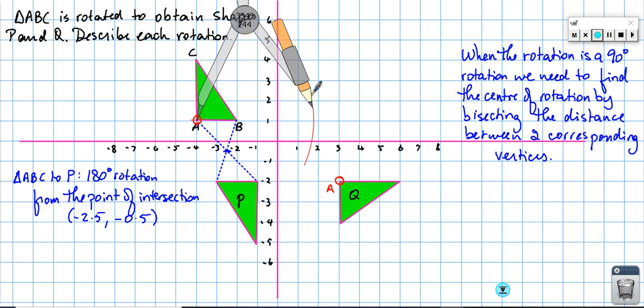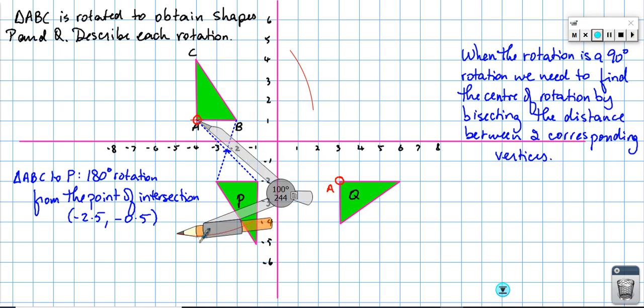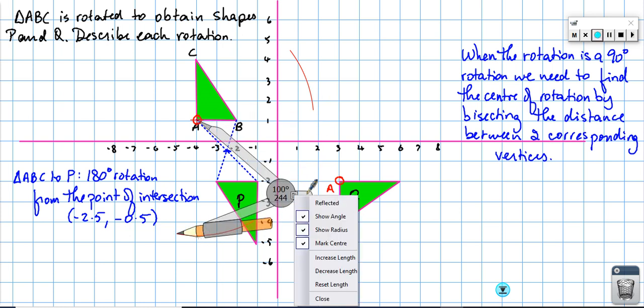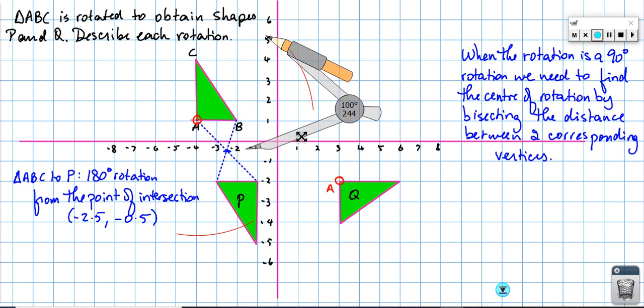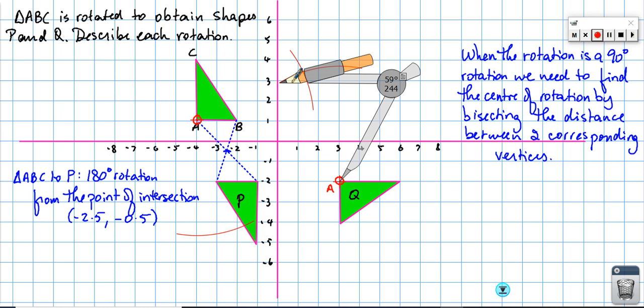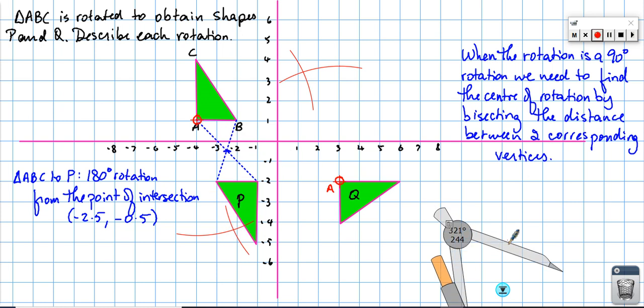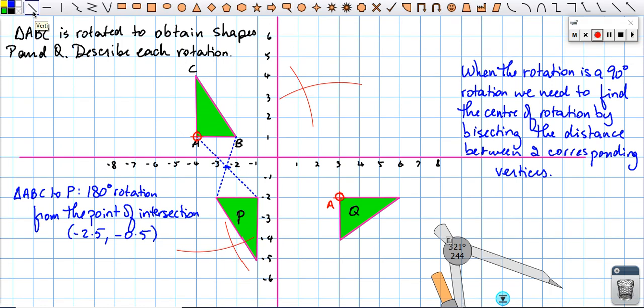Draw two arcs, one on one side, the other on the other side. I need to use the same radius, place it on the other point A, and I bisect my distance. That's 1, and that's 2.